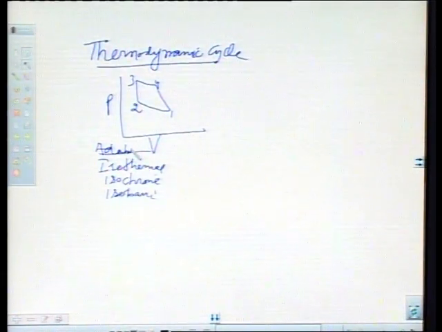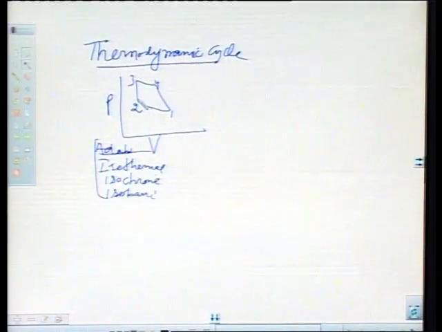Adiabatic is a process in which heat is constant, whereas in isothermal, temperature is constant; in isochoric, volume is constant; in isobaric, pressure is constant. Now, these all are processes which may occur in a cycle. So, this is a thermodynamic cycle.